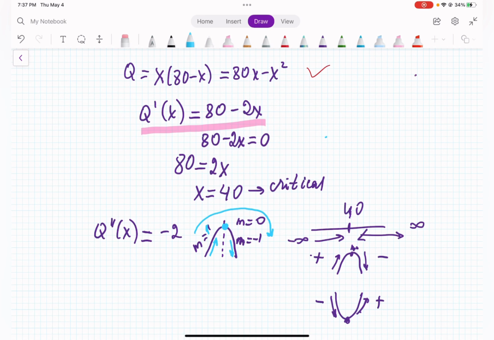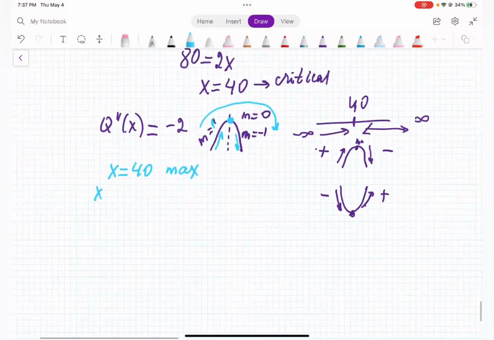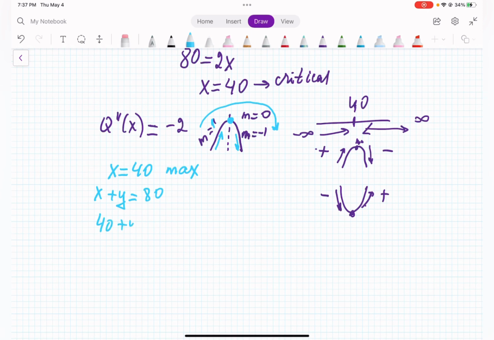Since x is a maximum, I am going to find which y matches this x. So x equals 40 is the max. Now we have x plus y equals 80, so plugging in x equals 40, y equals 40.